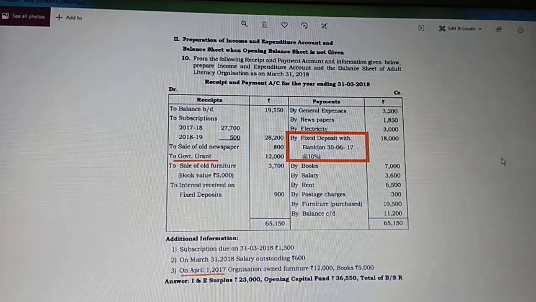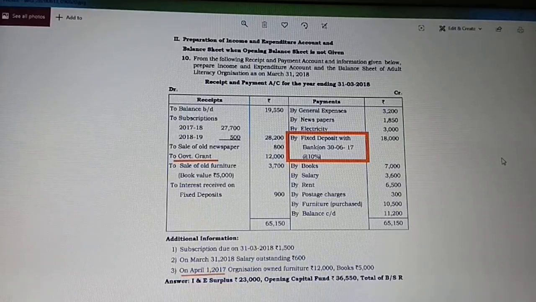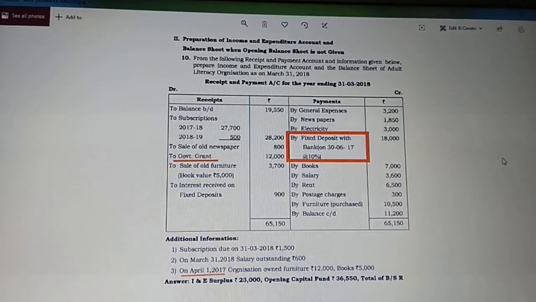See, in most of the cases, government grant, we assume it is going to be a liability side because it comes once in a while, but I've told that is only to be considered when the instruction is given as specific or specified, which means for a special purpose or specific purpose. There should be a reason stated. So here there is no such instructions given under the additional information. So this is what we need to concentrate.